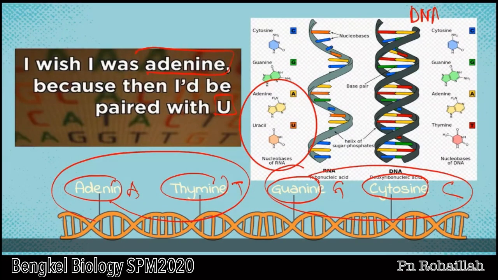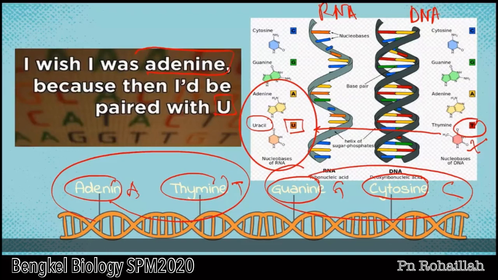Okay, but when come to RNA, okay, there is no thymine. So thymine ni dah tak ada. In the RNA there is no thymine. So thymine will be replaced with the U. U here is referring as the uracil. So A adenine, of course it will pair with U. U in this is a uracil. Boleh faham eh? So kita tambah juga information lah.